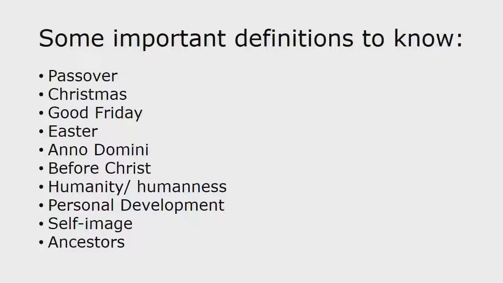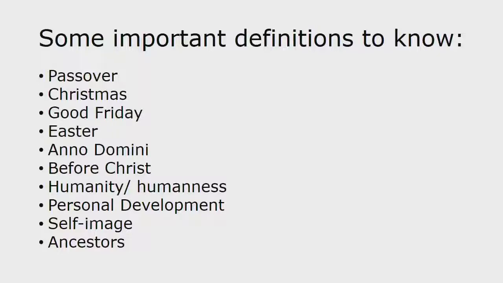Okay, so there are some important definitions that you need to know in Life Orientation and Life Skills too. Some are Passover. What is Passover? We all know what Passover is because it's in our module. Christmas, so these are some of the definitions that you'll be able to give if they happen to be asked in exam. Okay, Passover, Christmas, what is Good Friday, for example?